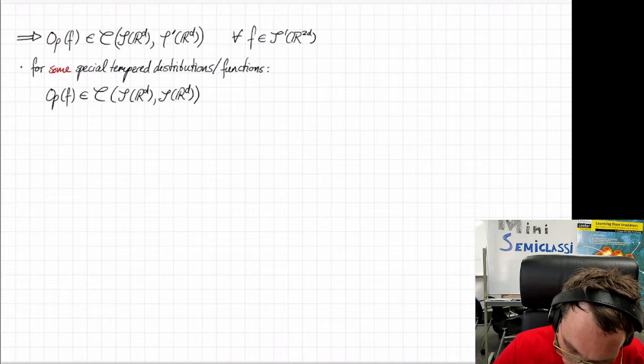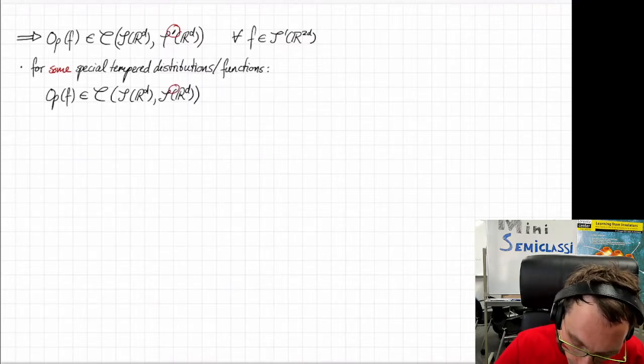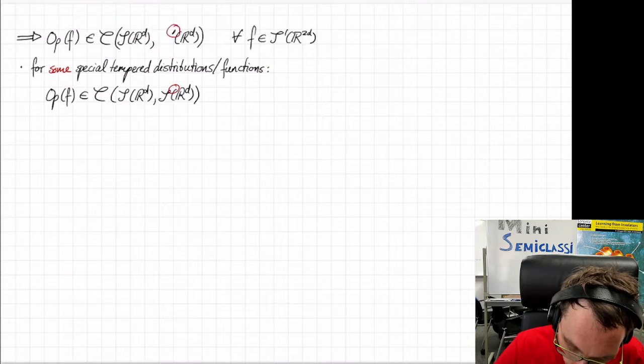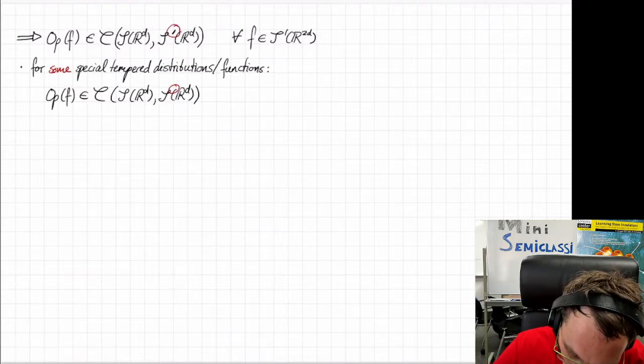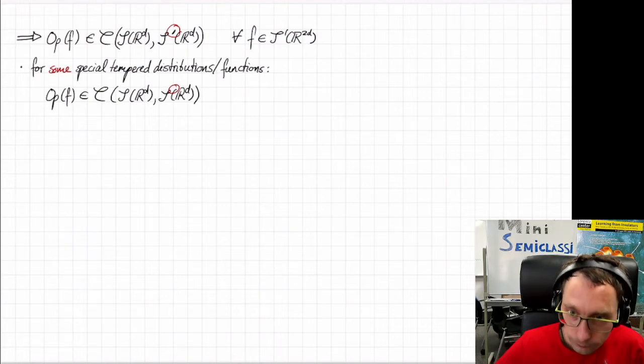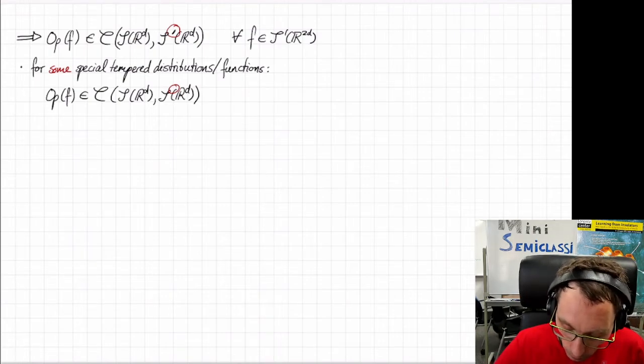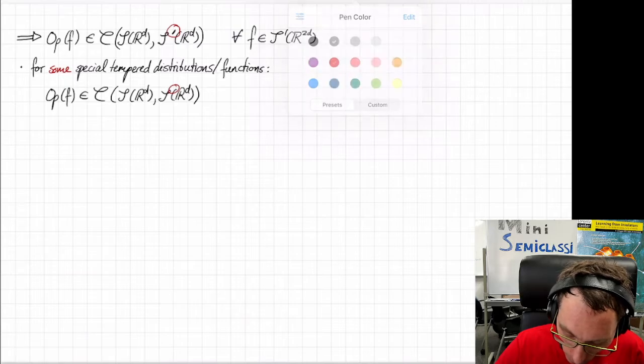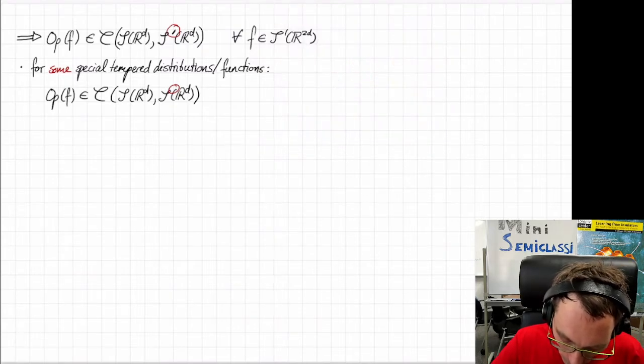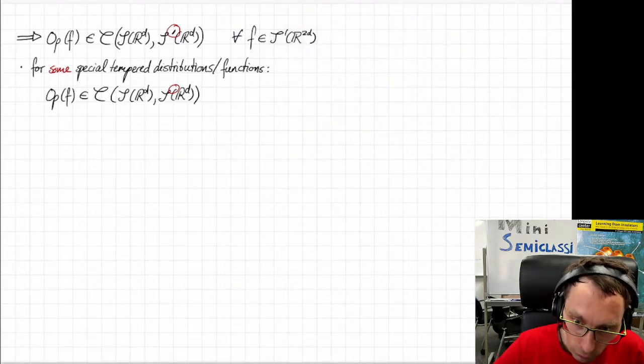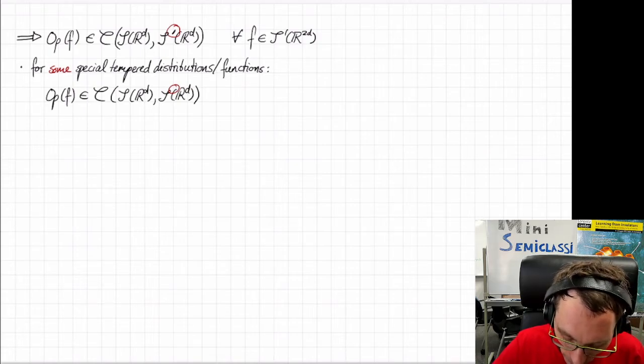So the difference between these two is that on the top I'm looking at tempered distributions, and in the bottom I'm looking at Schwartz functions. Before we marvel at this and think about what this means, let me give you an example of a class of functions that has this property.